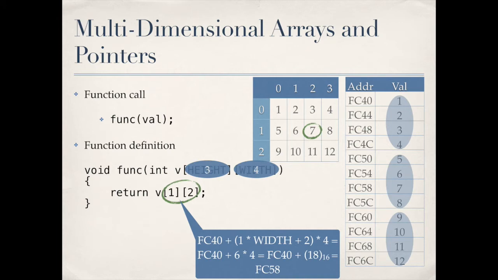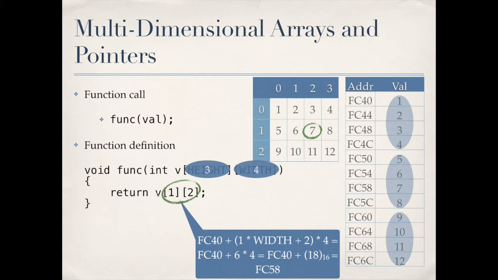So now let's have a look. How is it calculated in the background where to access? For example, if we try to figure out V at position 1, 2 of our matrix. If we should end up somewhere here at the 7, which would be FC58, have a look at how it works. We have FC40.